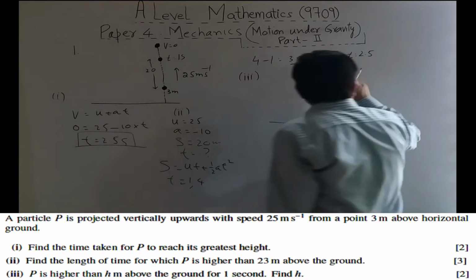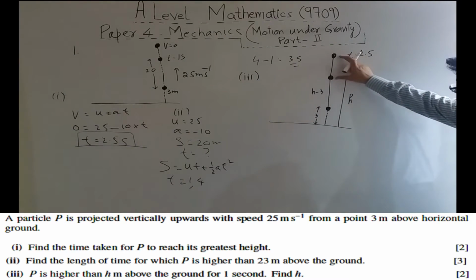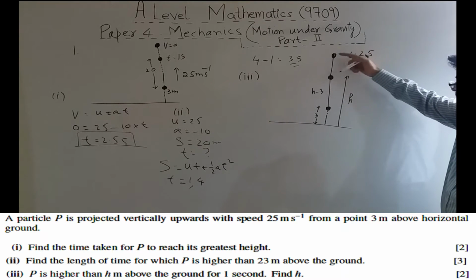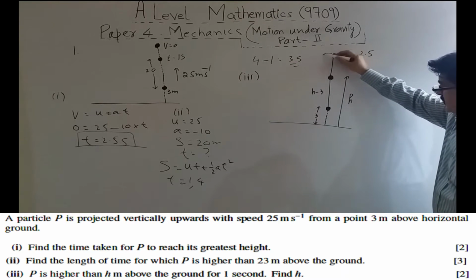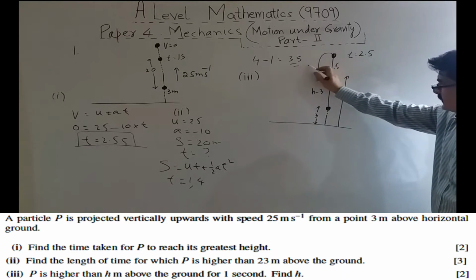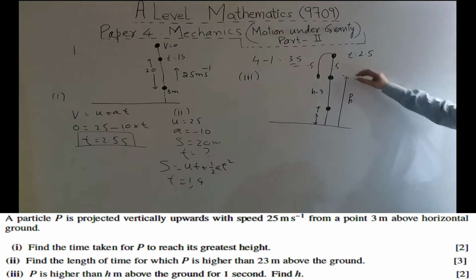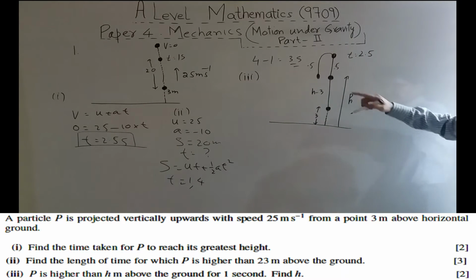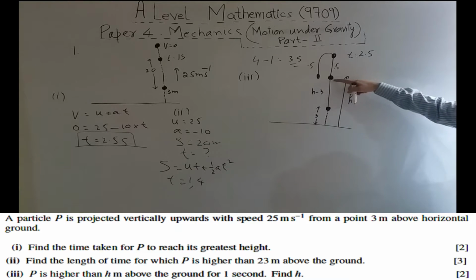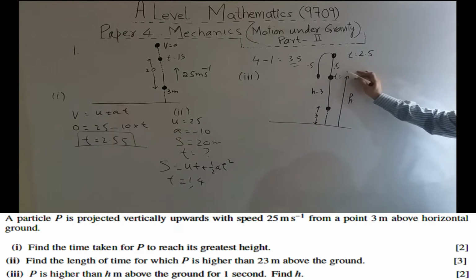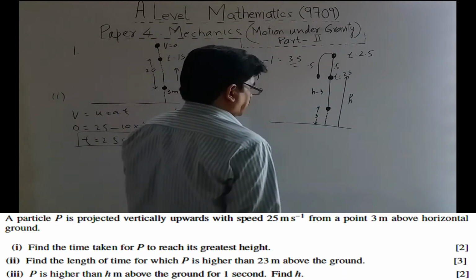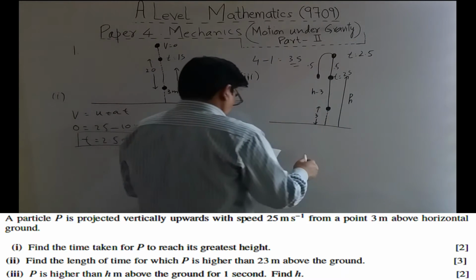So it takes half a second going from this to this point, and half a second coming back from this to this. So 0.5 plus 0.5 is 1 second. So the particle should reach this height when the time is 2 seconds. This is a very important point. 2 seconds.